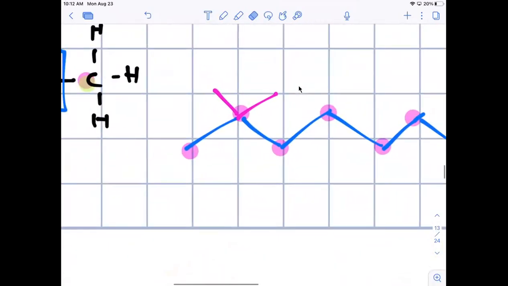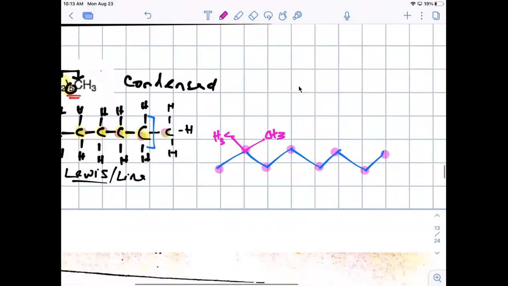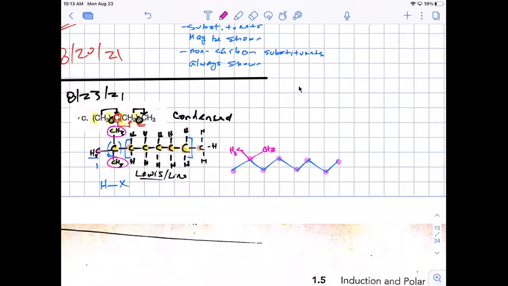And you could leave it like that because the end of every line is a CH3, or you can write them in. It doesn't matter. Questions about that? So we went from condensed to Lewis to skeletal.